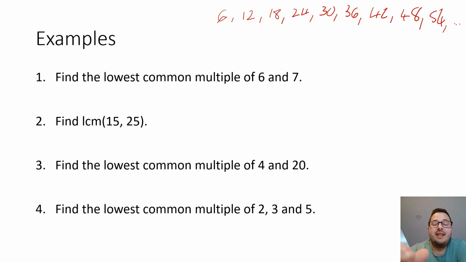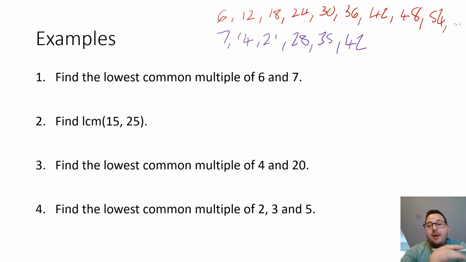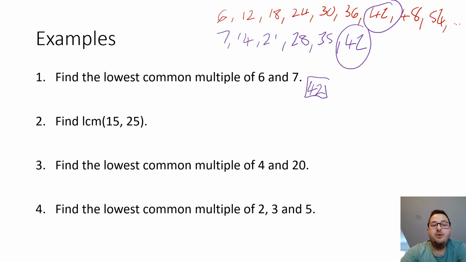And then let's do the 7 times table. Well, that's 7, 14, 21, 28, 35, 42, and really as soon as you hit one that's the same, so I've noticed that 42 is in both, that's going to be the lowest. So the lowest common multiple of 6 and 7 will be 42.